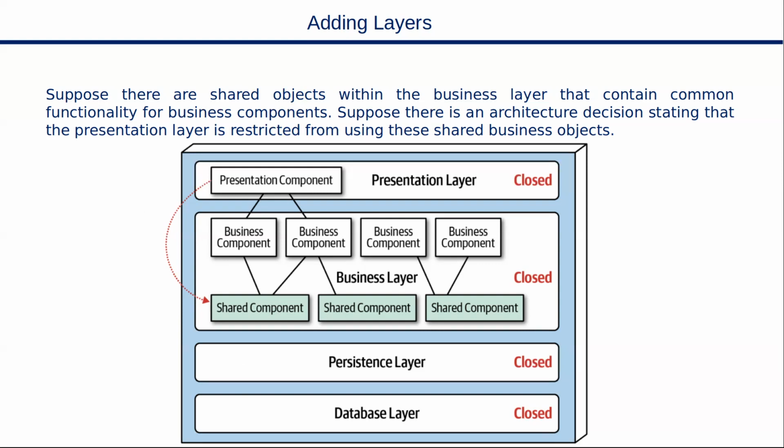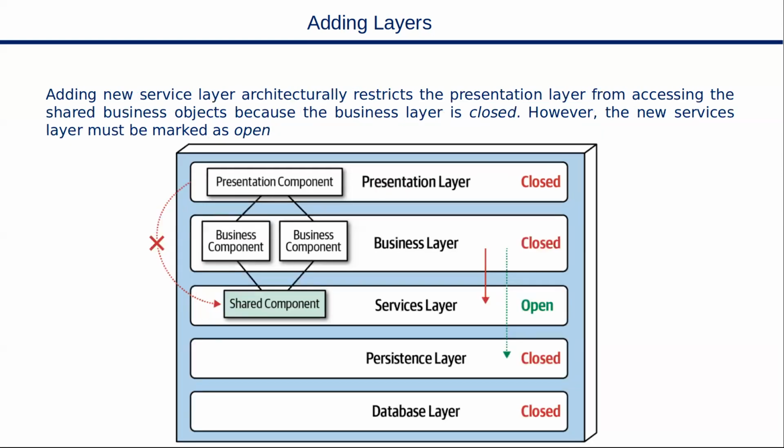So what can the solution be? How can you resolve this? One way to mandate this restriction is to add a new service layer to the architecture. Adding a new service layer will restrict the presentation layer from accessing the shared business objects because the business layer is closed.